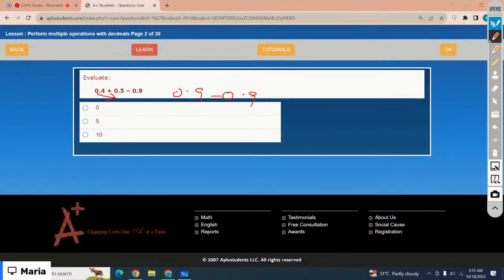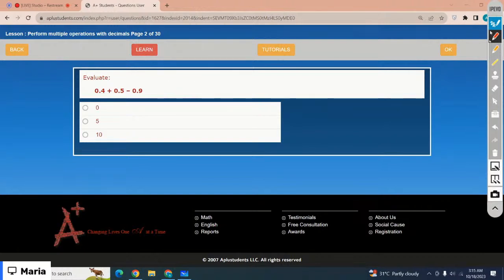So the correct option is, yes, that is 0.